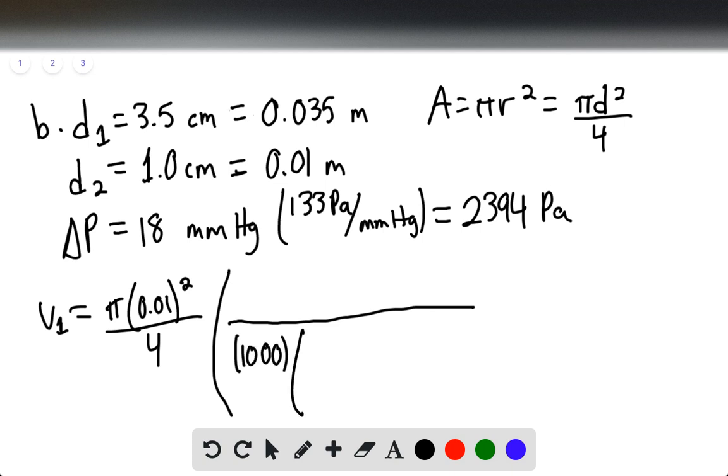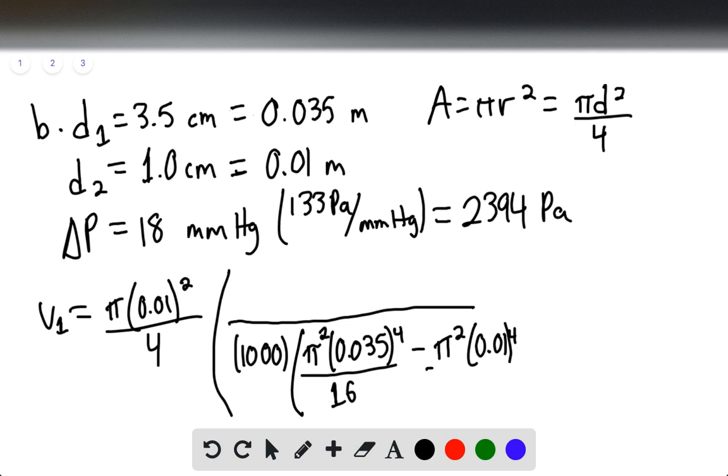And then it'll be pi squared times 0.035 to the 4th divided by 16, minus pi squared times 0.01 to the 4th divided by, again, 16.